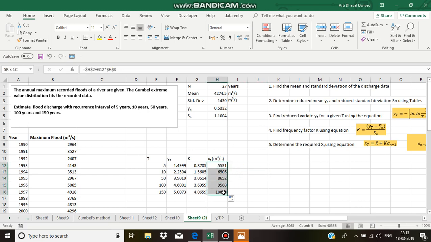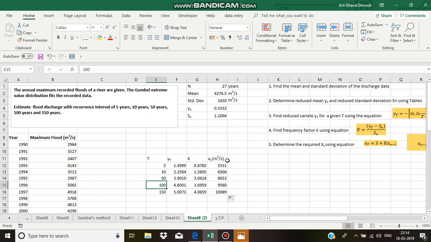So this is the maximum discharge corresponding to recurrence interval of 150 years. It is 10,089 meter cube per second. It is 6,506 meter cube per second for recurrence interval of 10 years, 8,652 for 50 years, 9,560 for recurrence interval of 100 years.